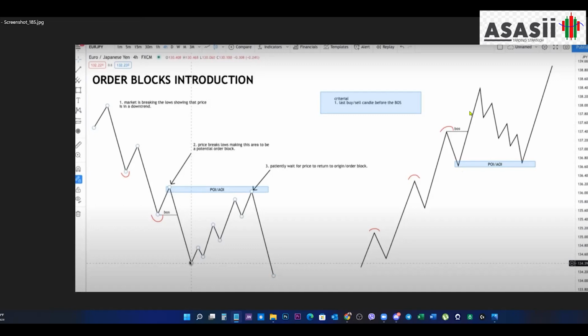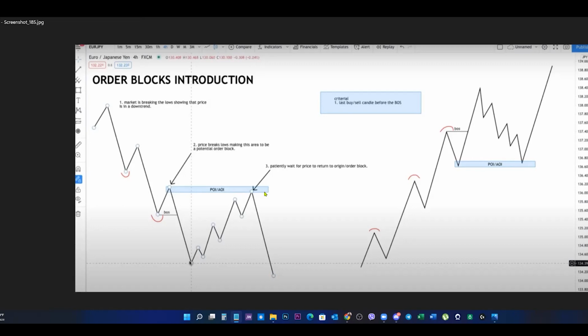If you can see, the retracement here is bigger than the normal retracement. There is a normal retracement here, a normal retracement here, but a bigger retracement on the part of the order block at the point of interest. But how will you know that this is an order block?